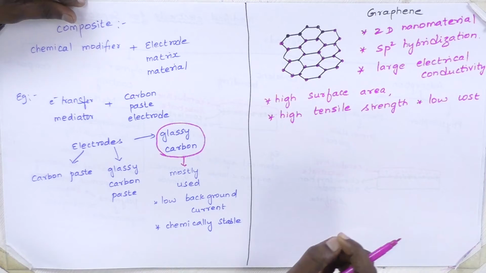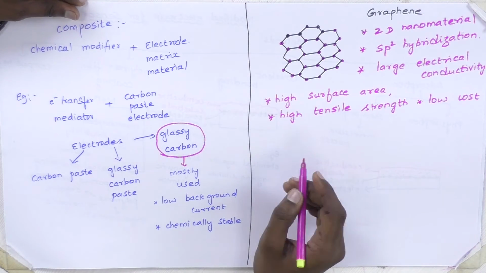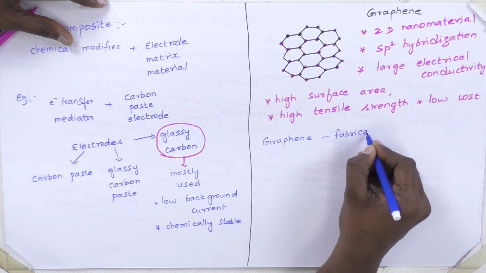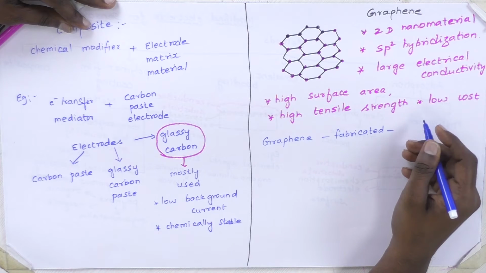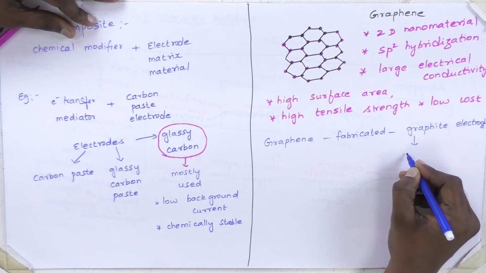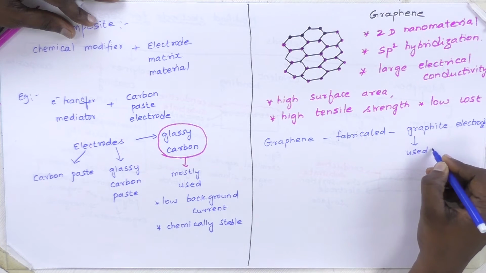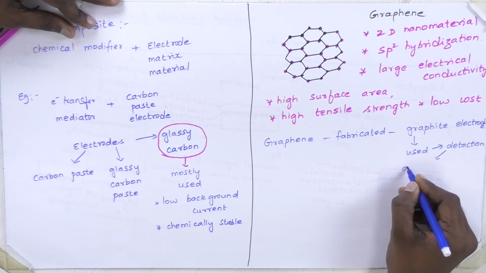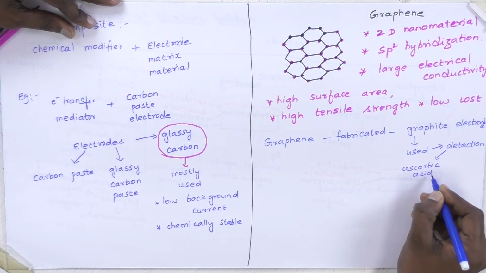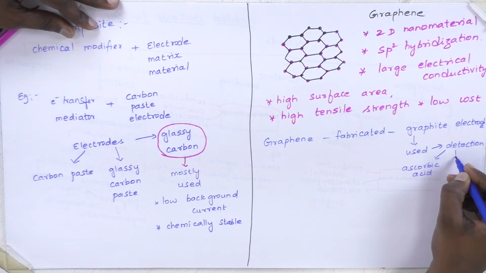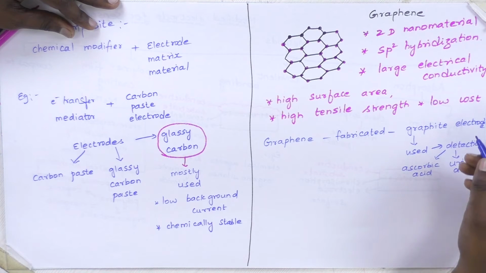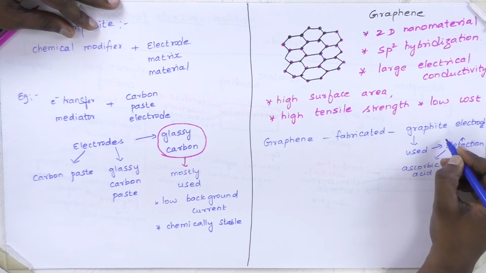For instance, graphene is fabricated with graphite electrode and it is used for the detection of ascorbic acid, uric acid, dopamine.